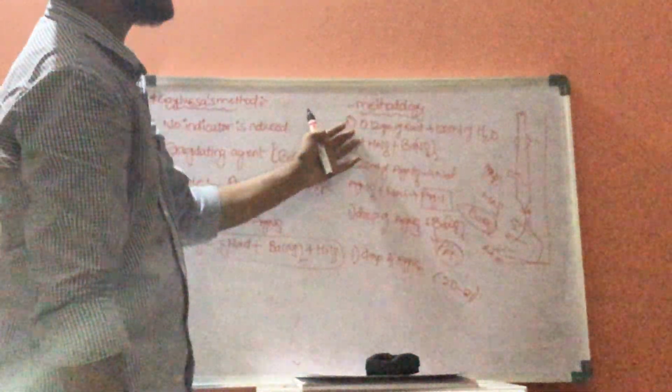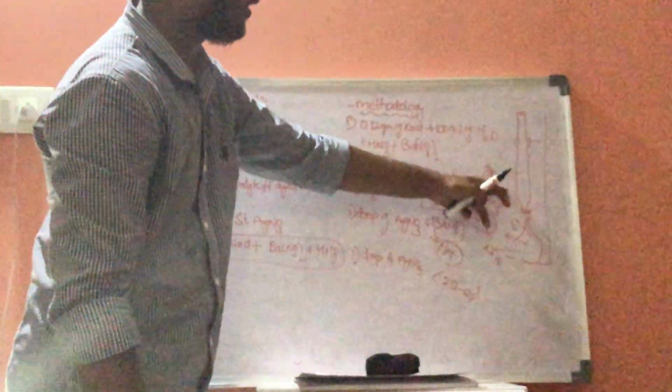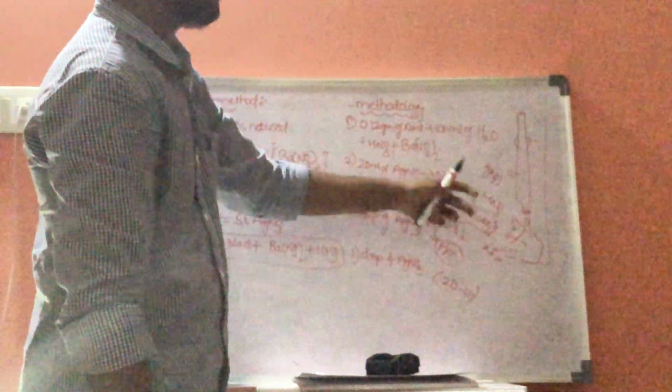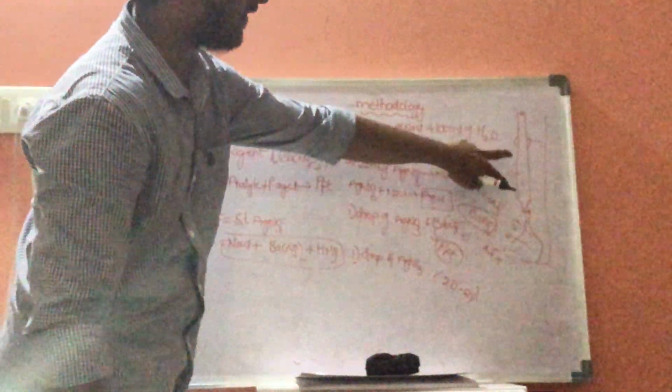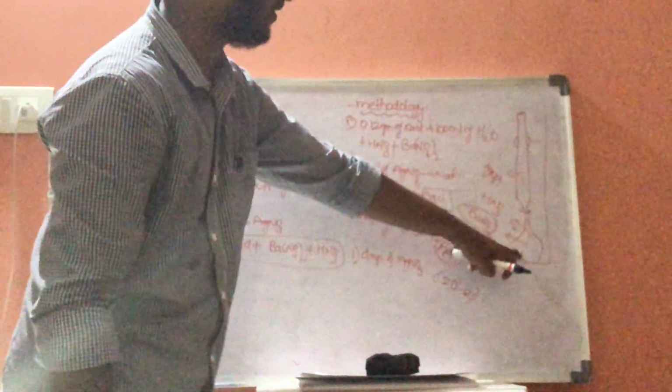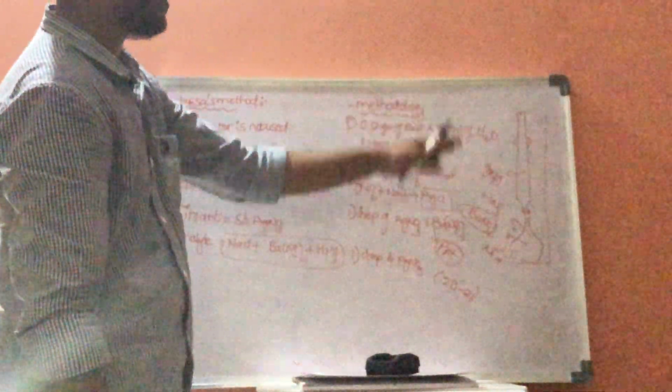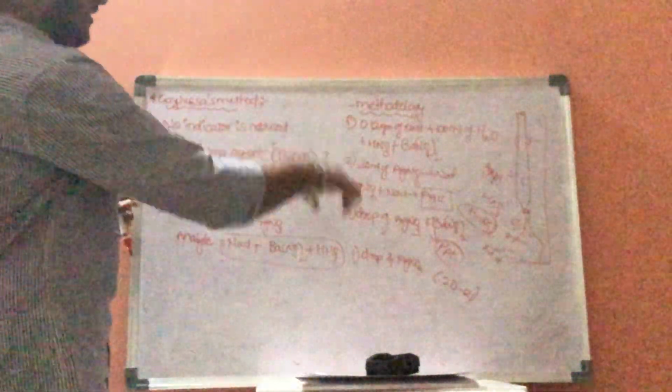This is the first method. In the second method we should add 20 ml of AgNO3 into this NaCl and it will form a precipitate. After forming the precipitate, we should add 1 drop of silver nitrate into this sodium chloride. This is the second method. This is Gay-Lussac's method.